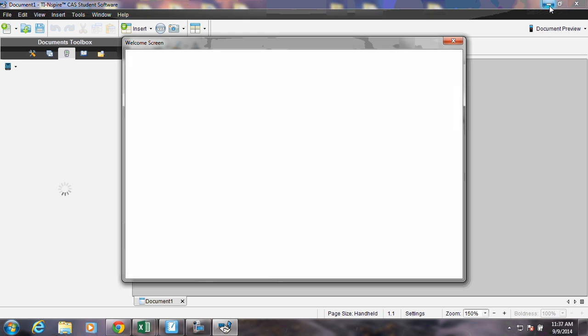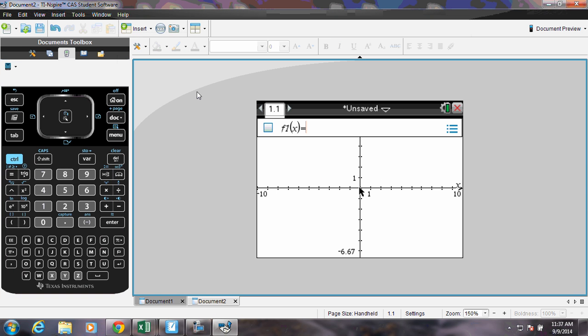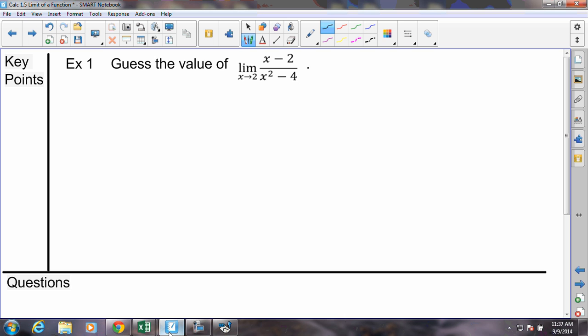So let's get started. For this one, we're creating the graph. We'll start by typing in the function. This whole piece is what you will type into the calculator.